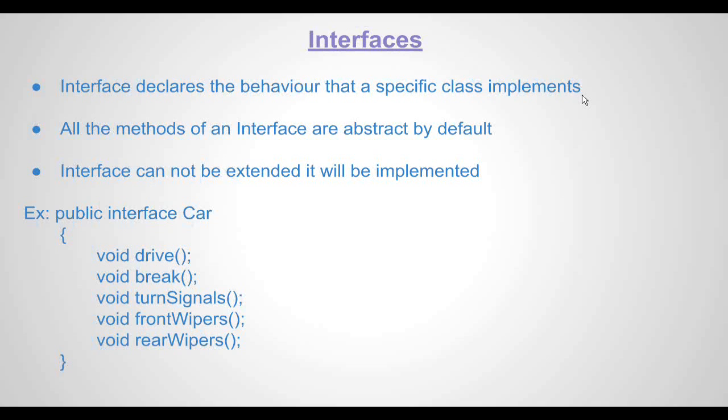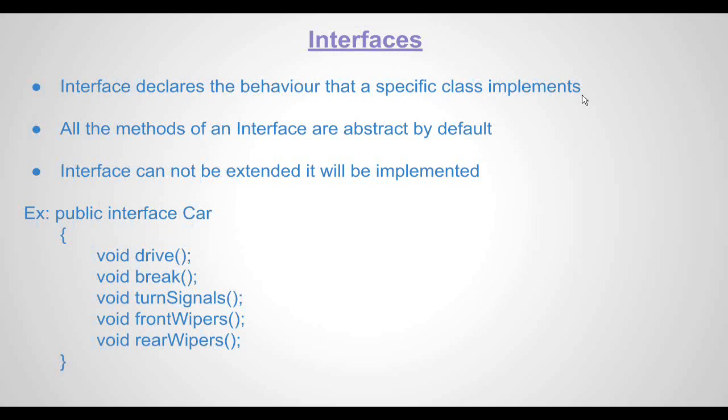An interface is also similar to an abstract class, but here you will not have any default implementations. This is also a kind of class, defined with the keyword interface. An interface will have the behavior that some class needs to implement.